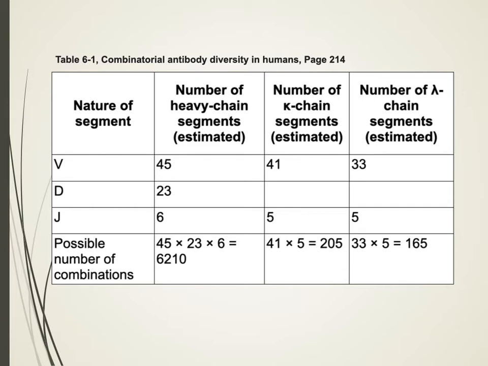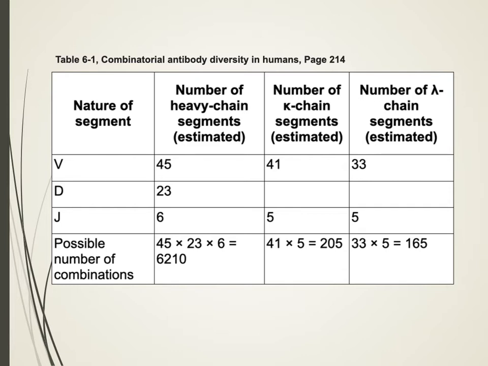And then the big piece here is when we look at these different segments, the more segments we have, the greater the number of combinations that we can have, right? So in this table, we're looking at our heavy chain segments, our kappa chain segments, and our lambda chain segments.